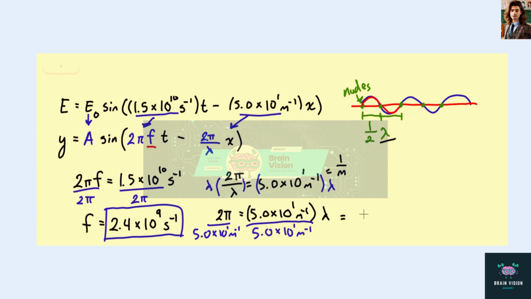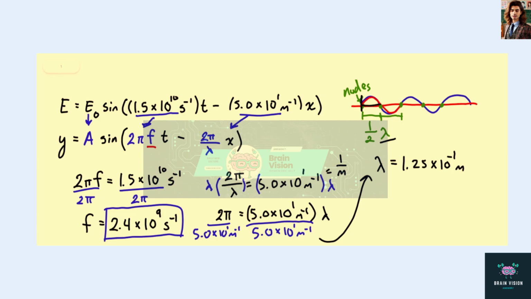And what we'll get is that lambda is equal to about 1.25 times 10 to the minus 1 meters.